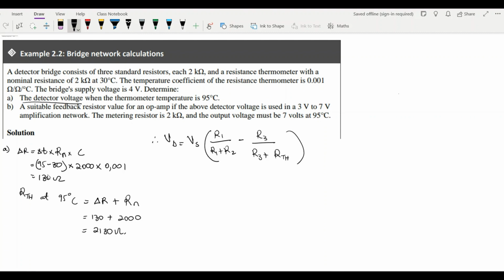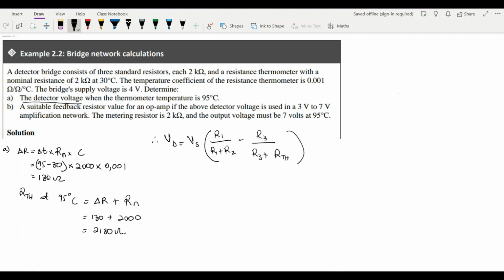I want to believe that you've already seen the circuit diagram or the network diagram of a bridge network. That should be on the previous page of this example in your textbook. There you would be able to see these resistances, where your detector voltage would occur, as well as where your supply voltage is connected in that circuit.